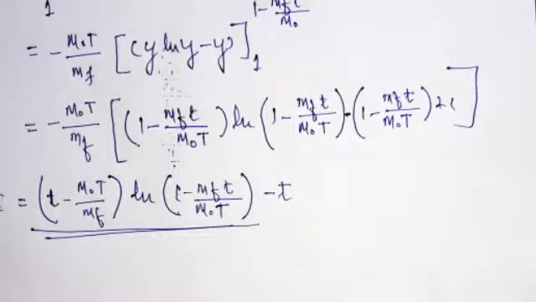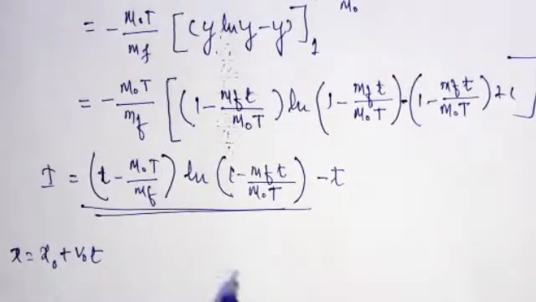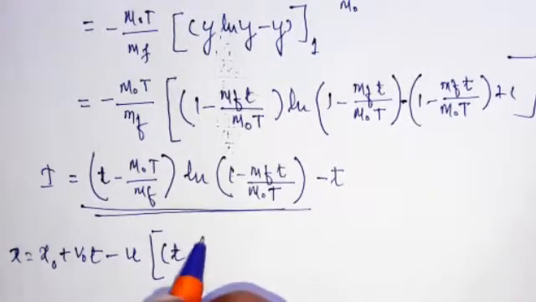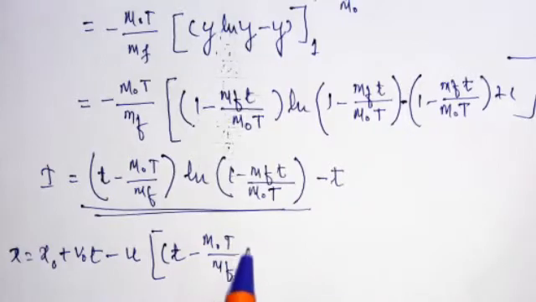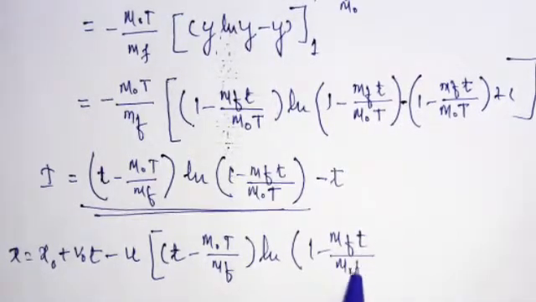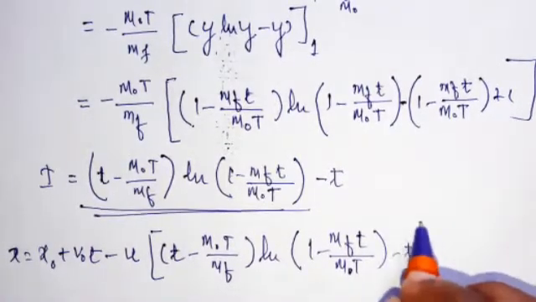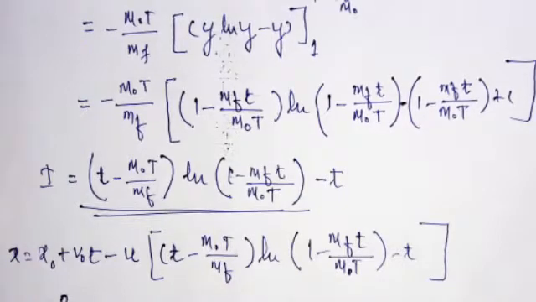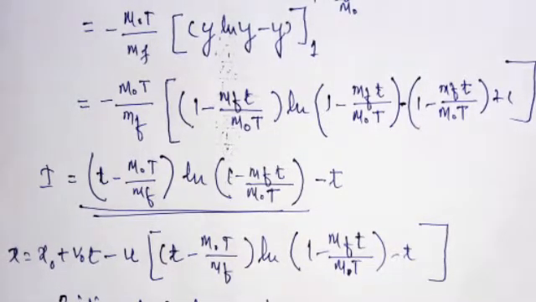Therefore the x displacement, or we can say the position of the rocket, is x is equal to x0 plus v naught t minus u of this term, that is t minus m naught t upon mf into natural log of 1 minus mf t divided by m naught t, minus t. So this is the solution of equation 1, and this gives the position of the rocket at any instant of time.